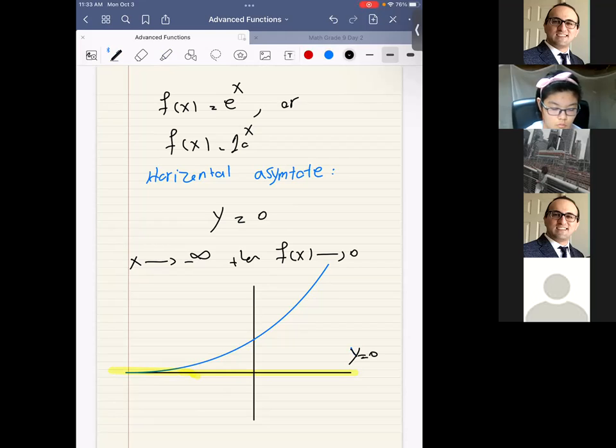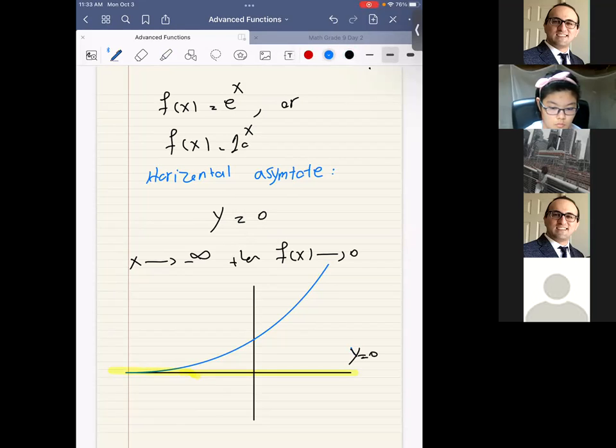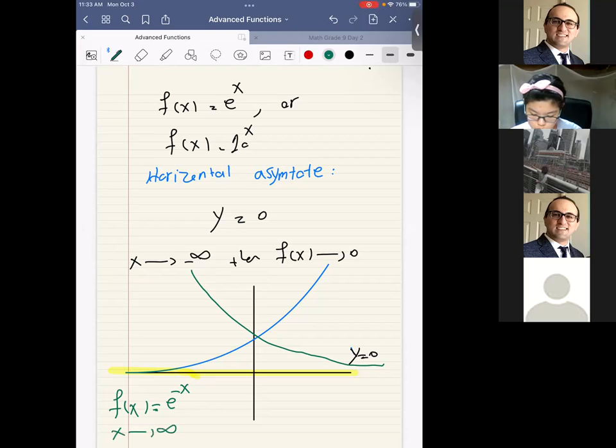But you can also have e to the negative x. So e to the negative x is like this. So f of x equal to e to the negative x. Again, what is the horizontal asymptote? y equal to 0. But this time, when x goes to positive infinity, f of x goes to 0.